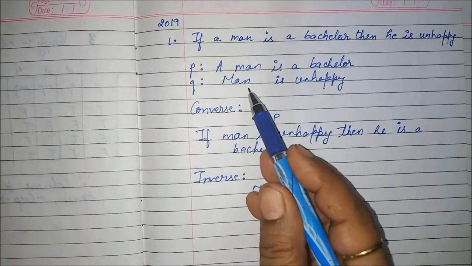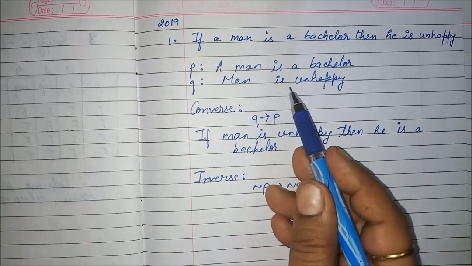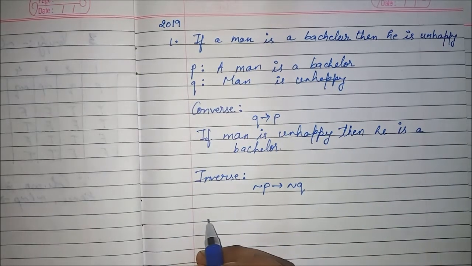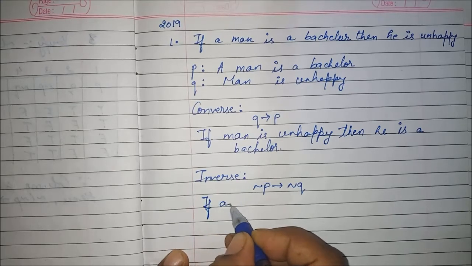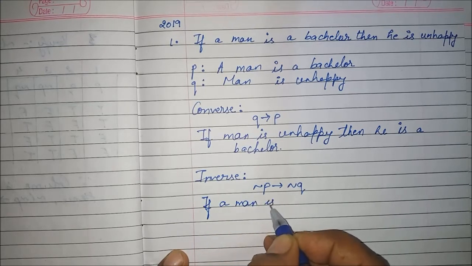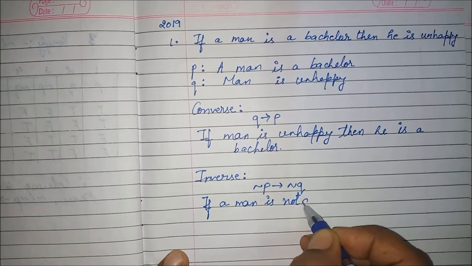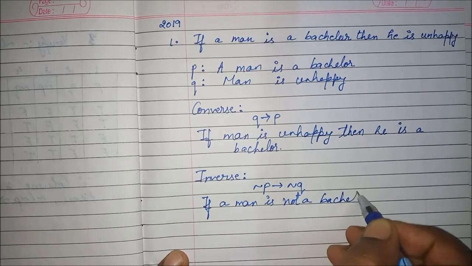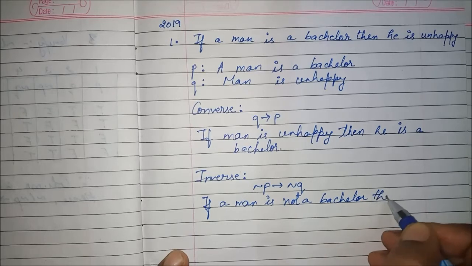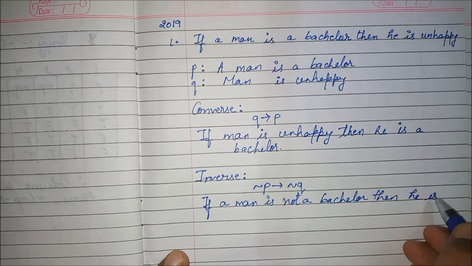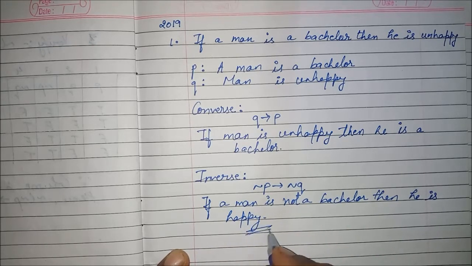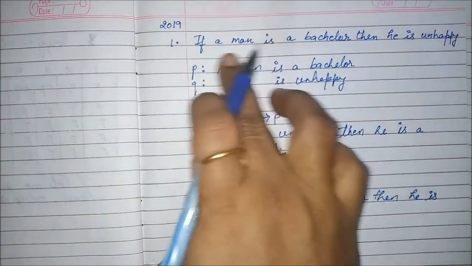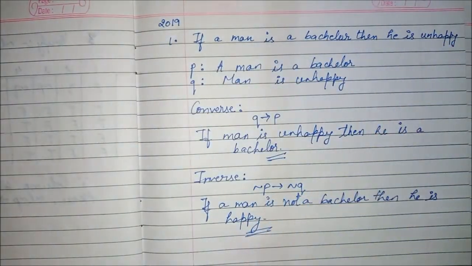Not Q means man is happy. So continuing: if a man is not a bachelor, then he is happy. So this is inverse and this is the converse of this statement. Clear?